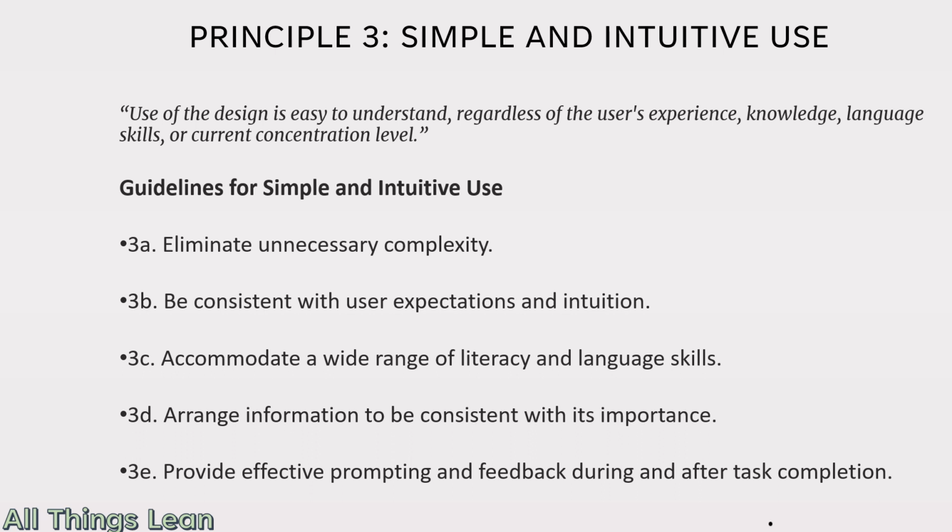Some of the guidelines for simple and intuitive use are: eliminate unnecessary complexity, be consistent with user expectations and intuition, accommodate a wide range of literacy and language skills, arrange information to be consistent with its importance, provide effective prompting and feedback during and after completion.